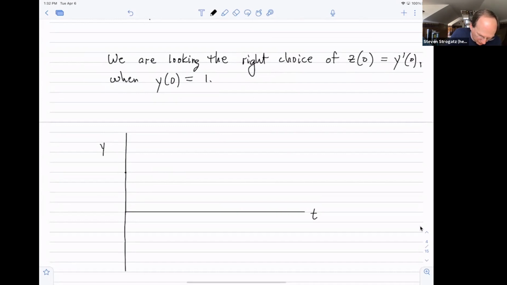So let's suppose I start here. This is time 0. We've chosen our initial condition to be y of 0 is 1, so we've got that covered.